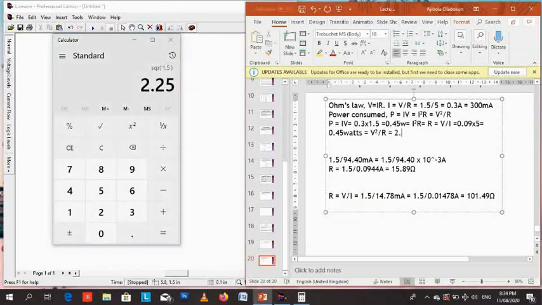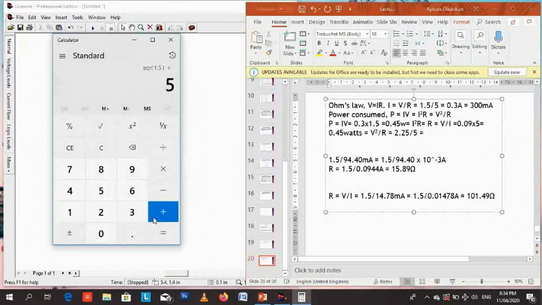V squared, 1.5 squared, is 2.25, divided by, don't multiply, 2.25 divided by 5. That is 0.45. Still the same power.